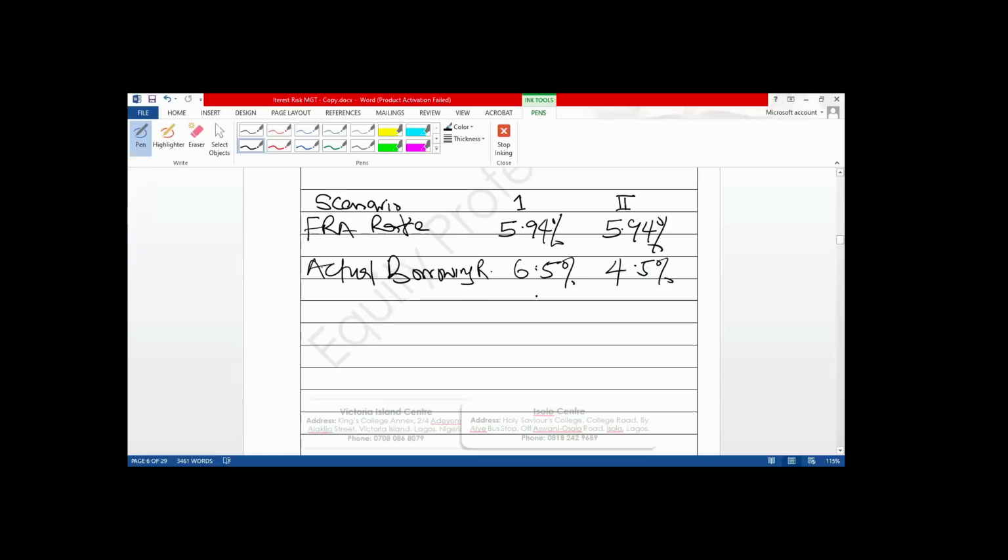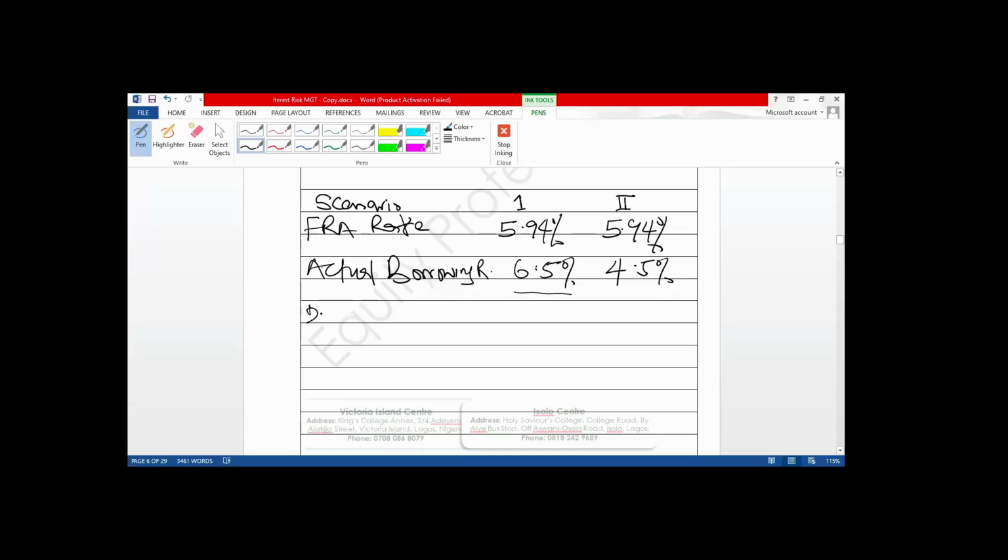If scenario 1 should happen, you borrow at 6.5. That means you have incurred a loss because you are borrowing at a rate above what you planned. The difference, please. Your plan is to borrow at 5.94%. You are borrowing at 6.5%. That means you are borrowing at a higher rate above the FRA.